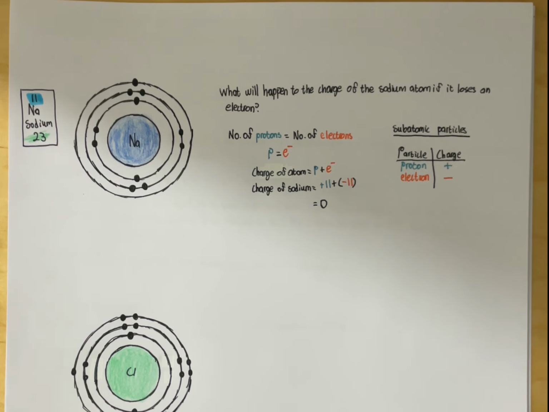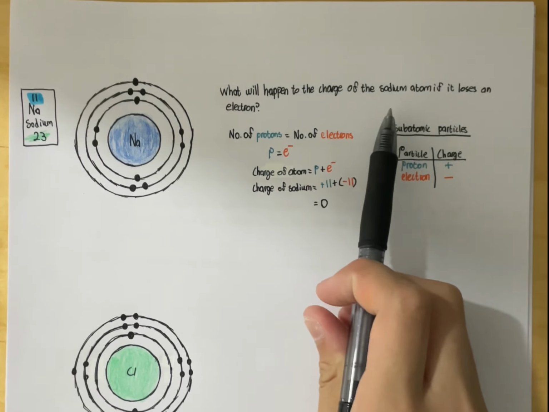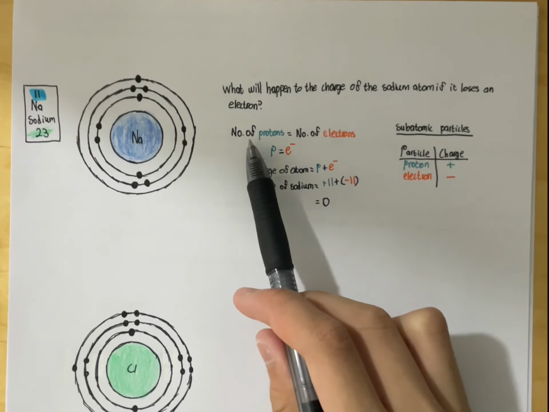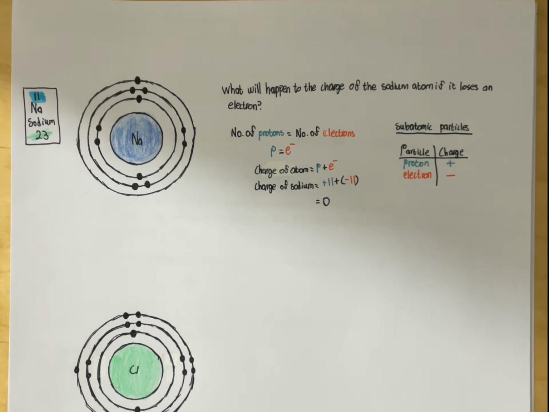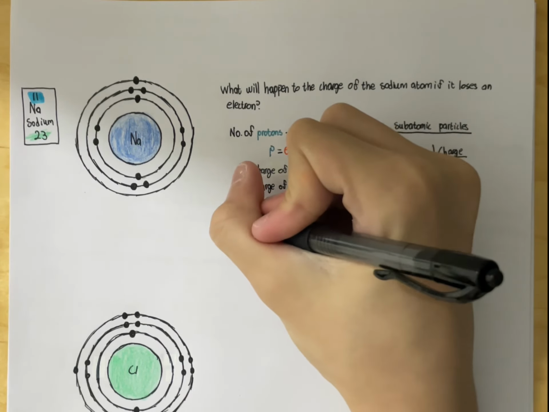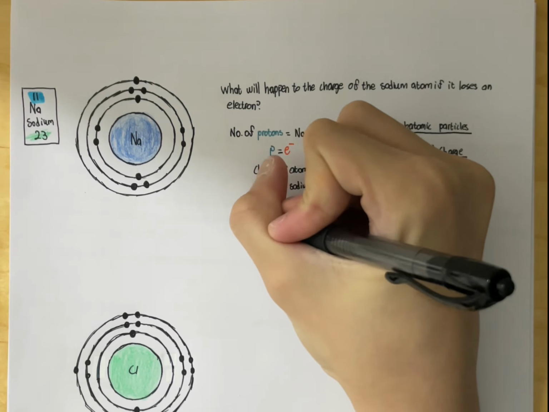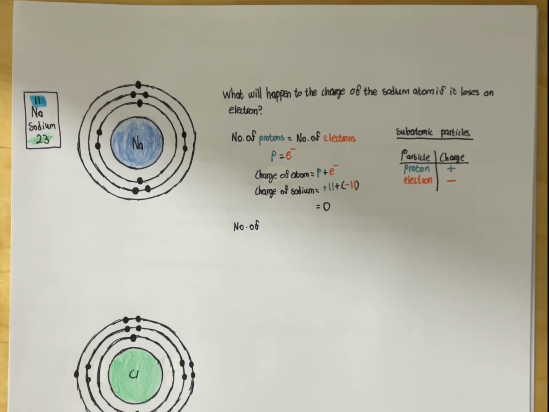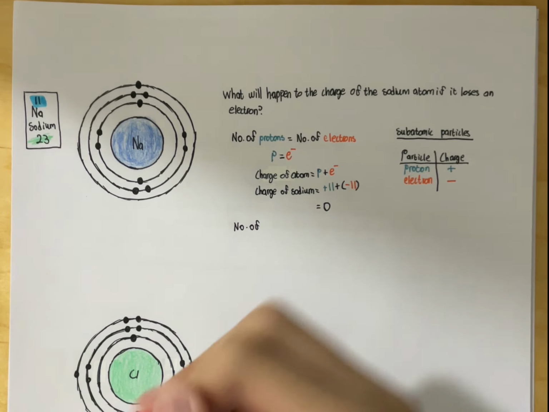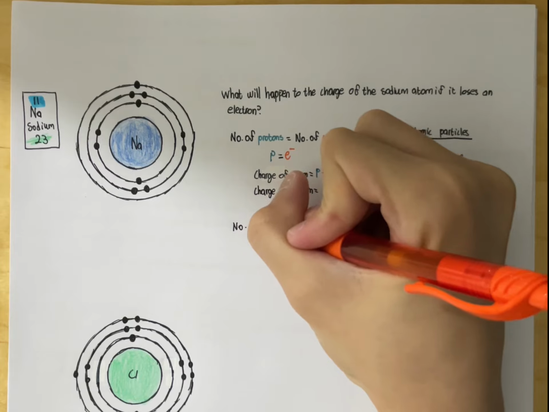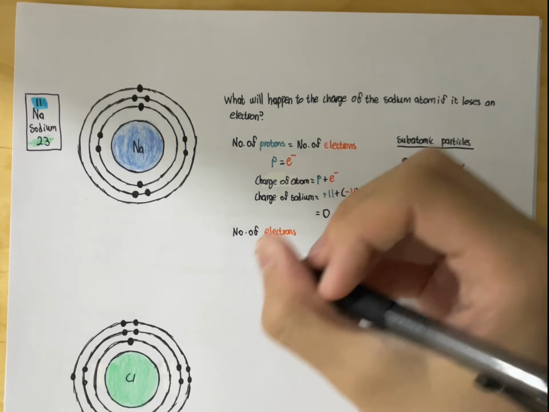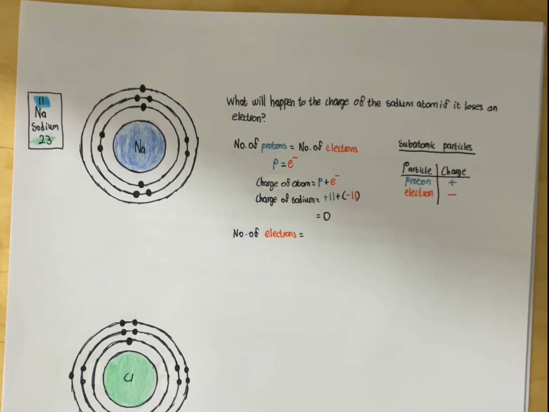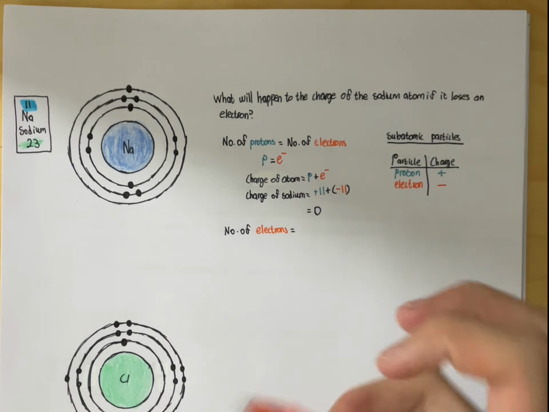But remember, what will happen to the charge of the sodium atom if it loses an electron? Well, if it loses an electron, the number of electrons is just going to be equal to 11 minus 1, because it lost an electron.